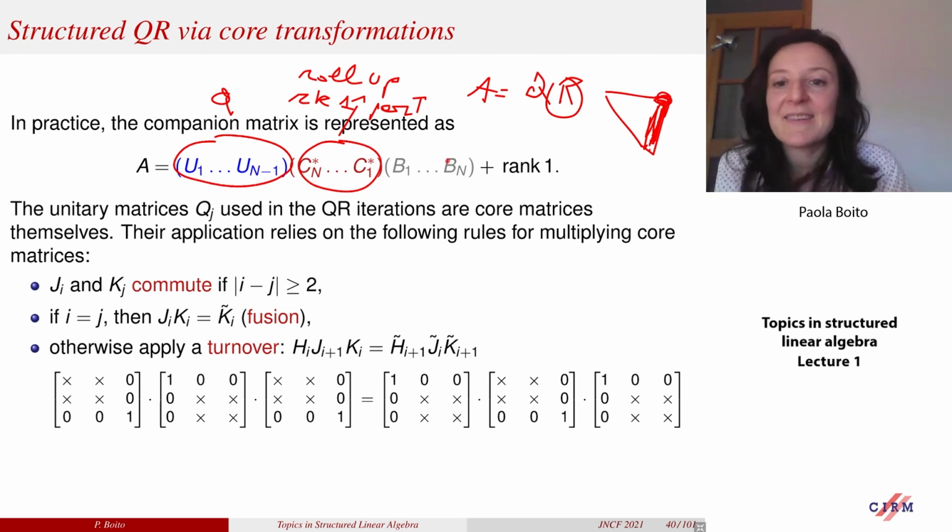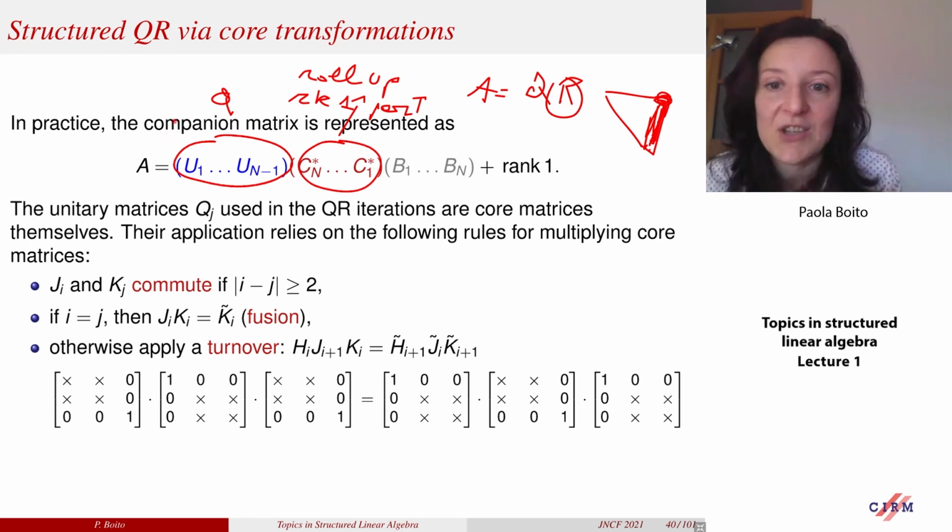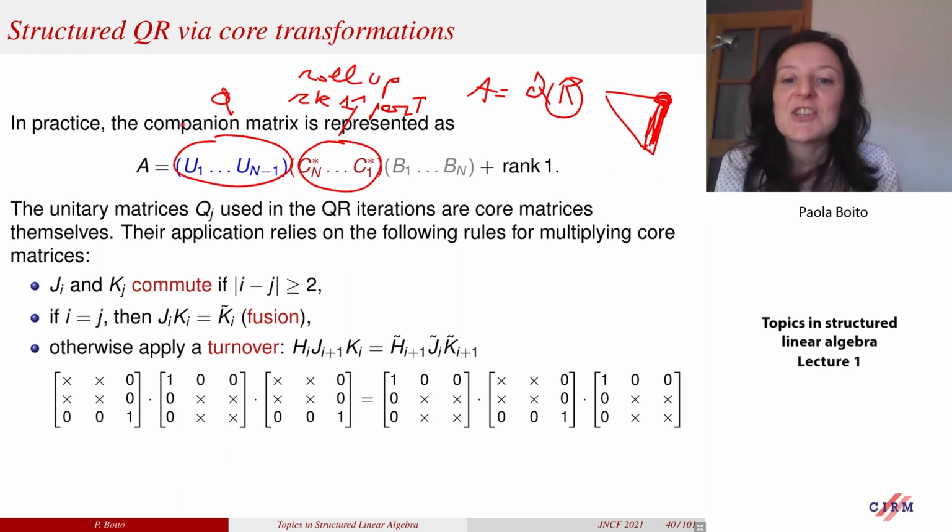Okay, why is this a good approach? Because at this point, we're able to apply the Qi, the 2 by 2 transformations of the QR iteration, by shifting them through this representation. What does this mean? When you have core transformations and you multiply them, there are 3 possibilities, basically.